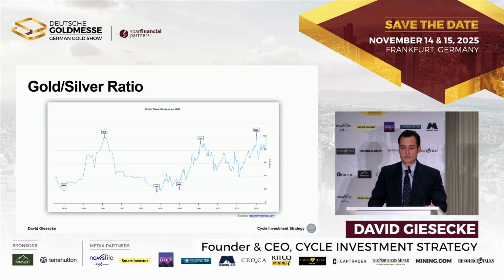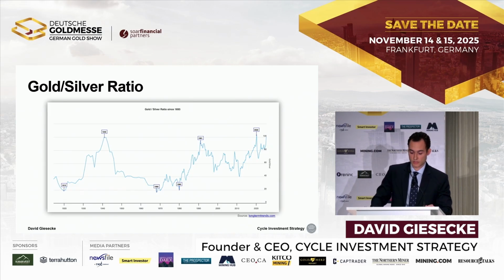And we have only seen this 3 times before in history. This data set goes back to 1693, but I would say it's the whole time of humanity that this has happened. So 3 times: one in 1940, one in 1991, and in 2020, and now.